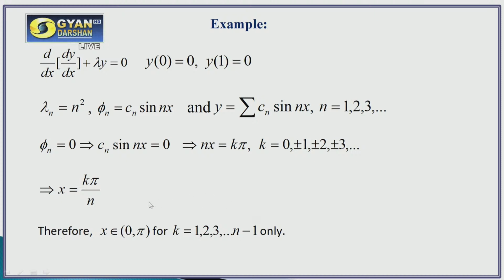When you put n in place of k, you will get the same value as the trigonometric function for k equal to 0. They are different as x, but they produce the same thing. So basically there are this many roots. That's why this function has n minus 1 zeros.